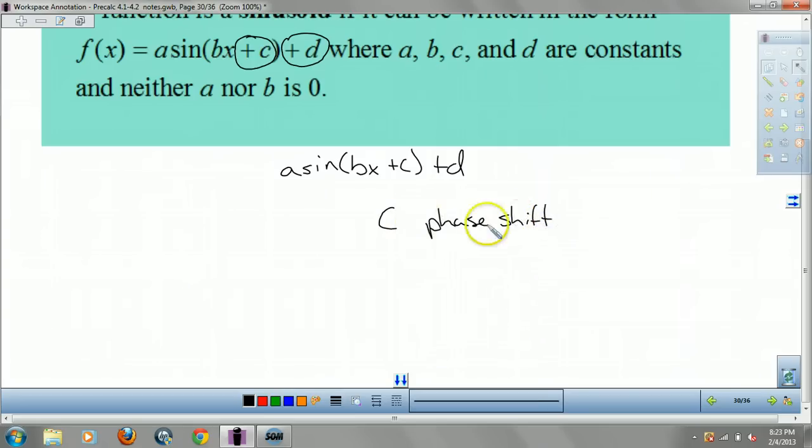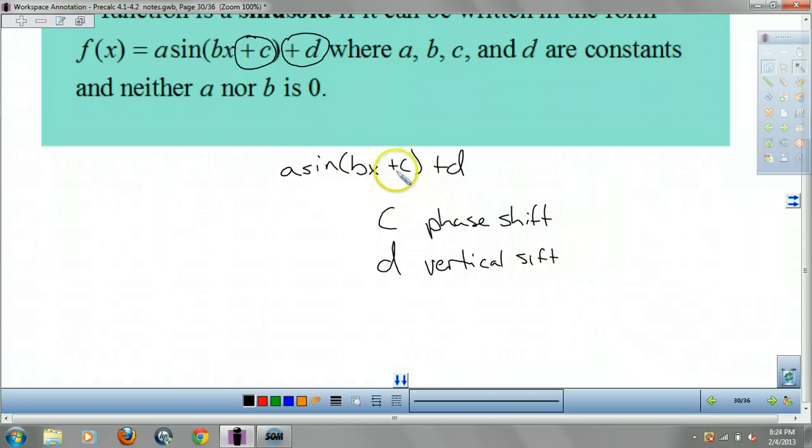It moves it left or right, just like before. D is your vertical shift. It moves it up and down, just like we've always done before. There's not anything different than what we've been doing.